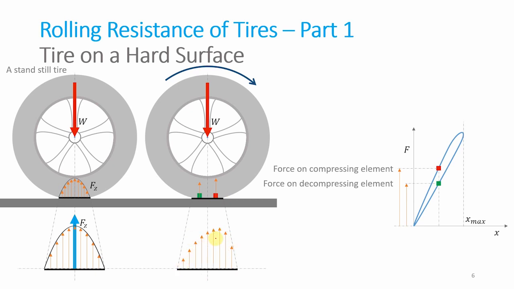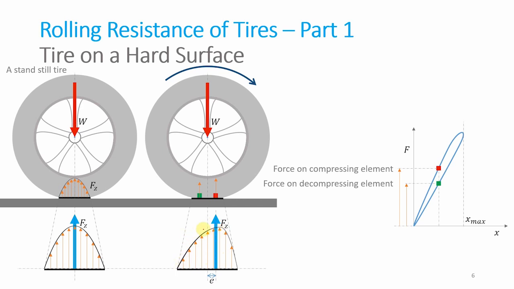Again, the same pattern follows. Now, if you take the resultant of all the stresses, we will end up with the force Fz, which is exactly equal to W. But now you can see that this resultant is shifted by a displacement e, because the higher stresses are acting on the front side, so the resultant definitely has to come some distance towards the front.